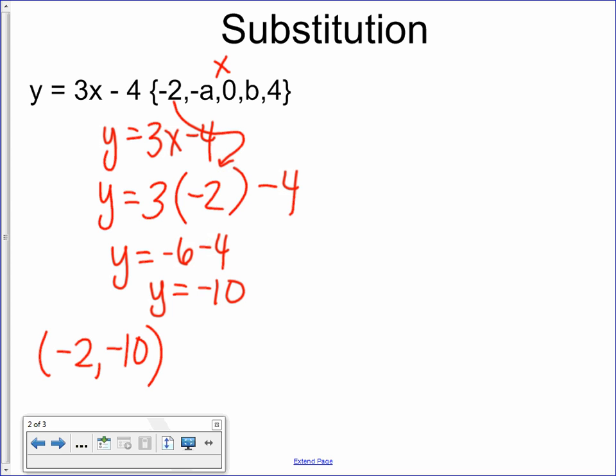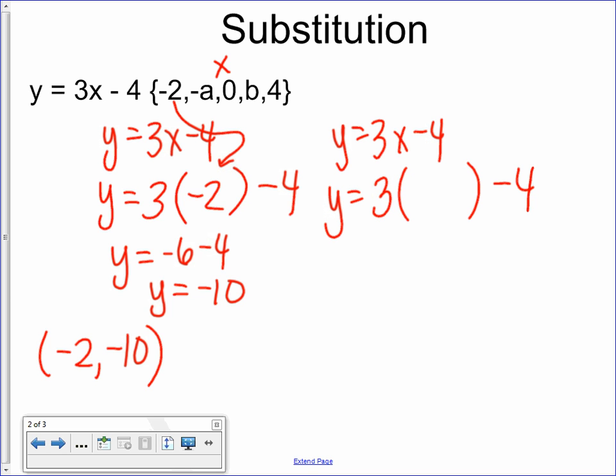Let's go on to the next one. Start with my original function, and now I'm going to substitute the domain value of -a. So again, because the -a is my x, where there is an x in my equation, I'm going to leave the hole. In the hole, I'm going to fill what x equals. X equals -a.